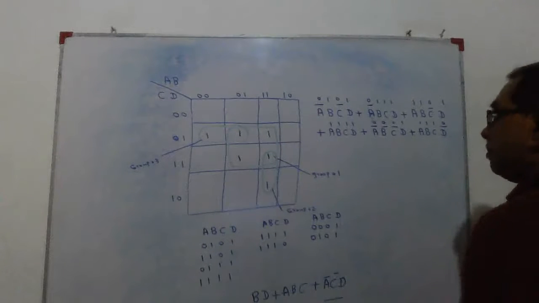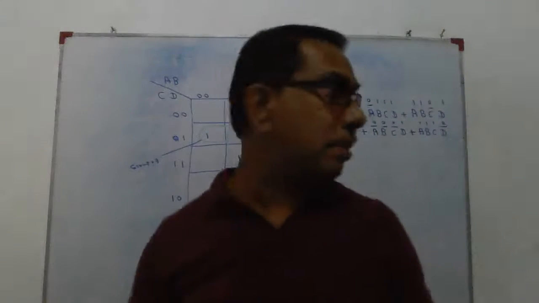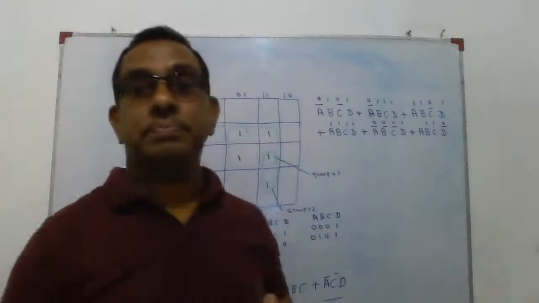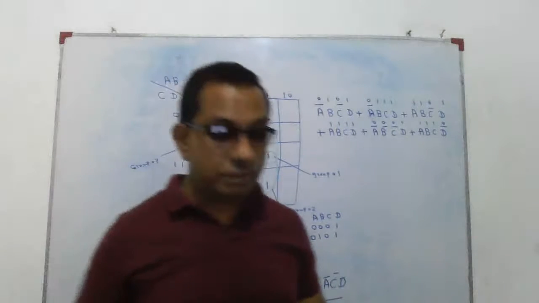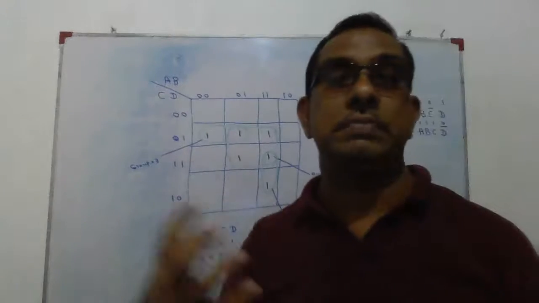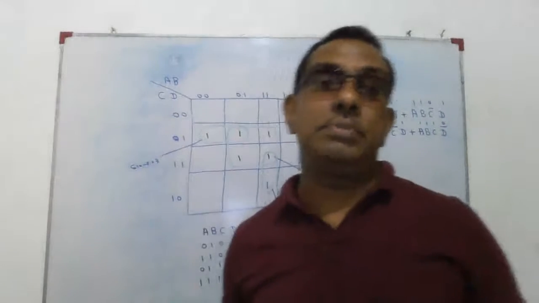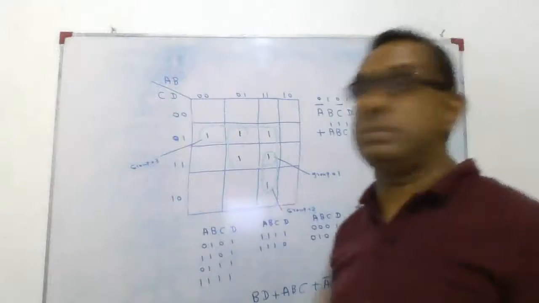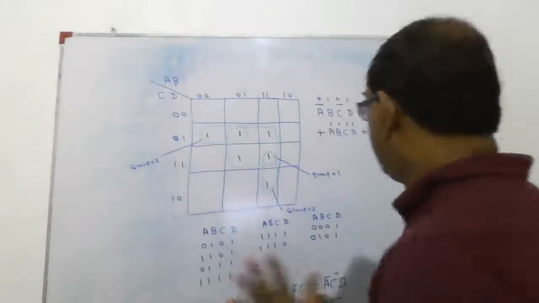So D has come. So this is the way of simplifying Boolean expressions. Right. Then after that, I would like to discuss some situations which can be more useful to you to take idea about simplifying Boolean expressions using Karnaugh maps.